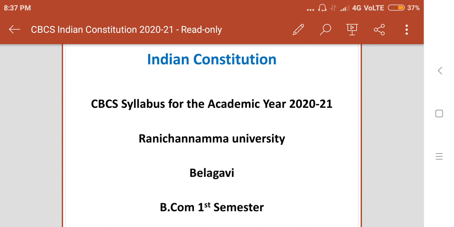Therefore, for this year, we have started the online classes, and the new syllabus also introduced by the Rani Channamma University, which is called Choice Based Credit System, CBCS syllabus for the academic year 2020 and 21.